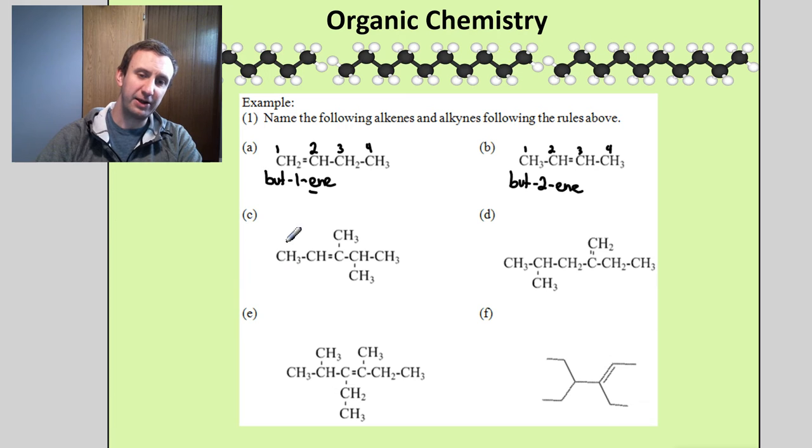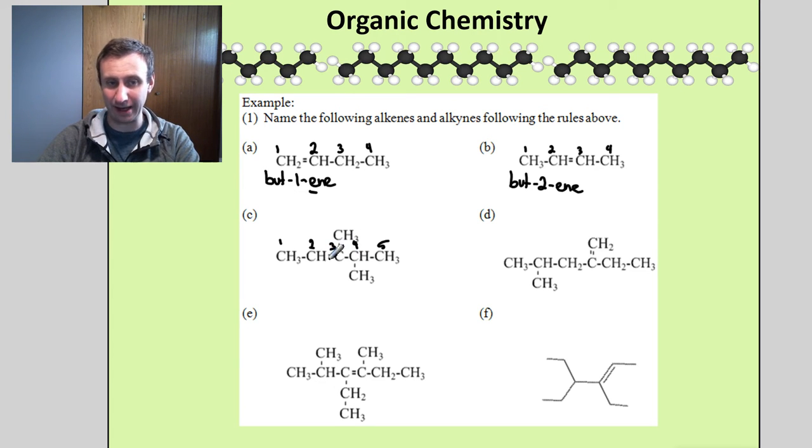All right, let's take a look at this one. So if I do my numbering, I have 1, 2, 3, 4, 5 from right to left. That gets me to a double bond on 2. The other direction is 1, 2, 3, 4, 5, which gets me to a double bond on 3. So left to right is the right direction, even though I don't get to a branch until 3 this way, and 2 right to left. The double bond has higher priority than branches in numbering.